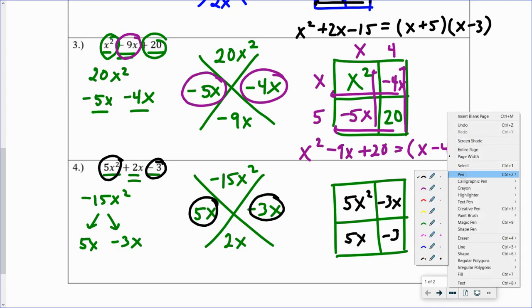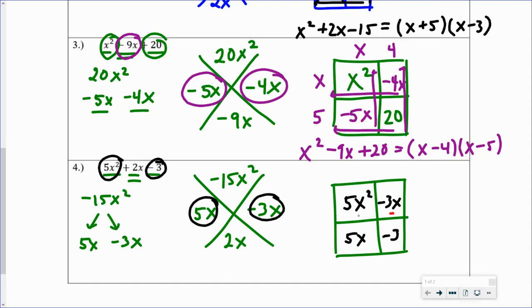So now GCFs of our rows and our columns. So here, no GCF amongst the constant coefficients. So it looks like x is our only common factor. Down here, it looks like positive 1.